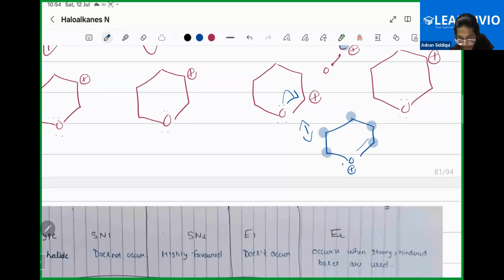One lone pair is still intact. If you count the number of electrons, two from here, two from here, two from here, six, and two lone pairs. So at this stage, all the atoms in this compound have their octet complete. So it is relatively more stable, due to the octet being complete.